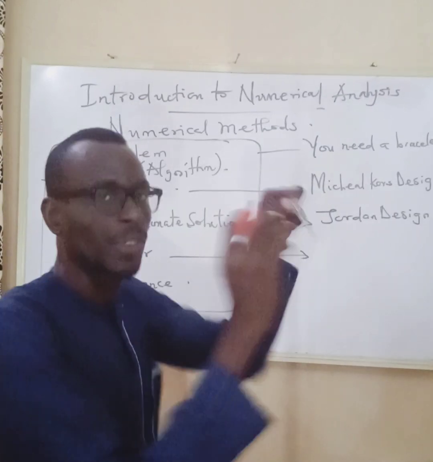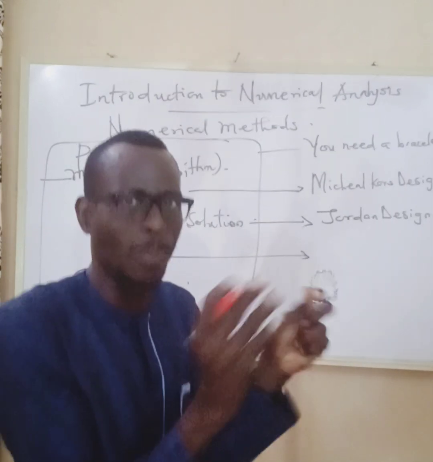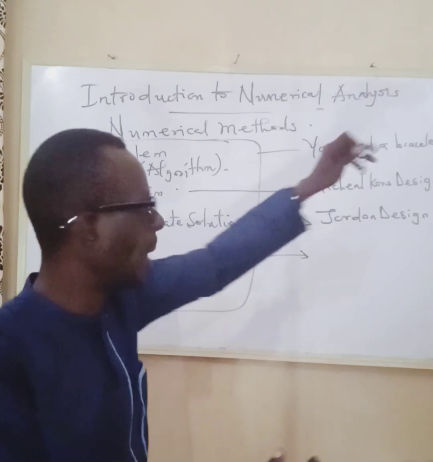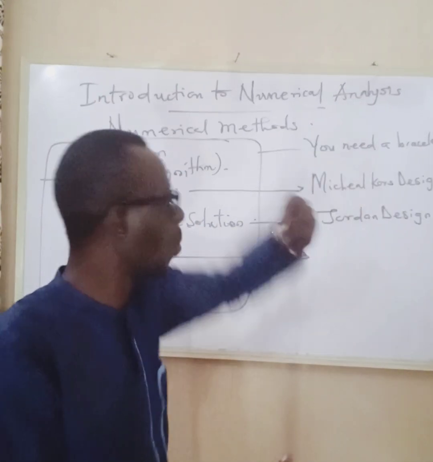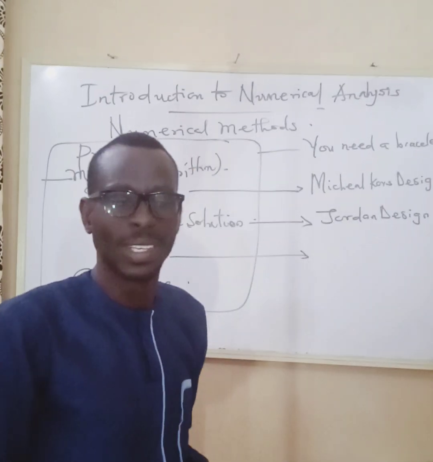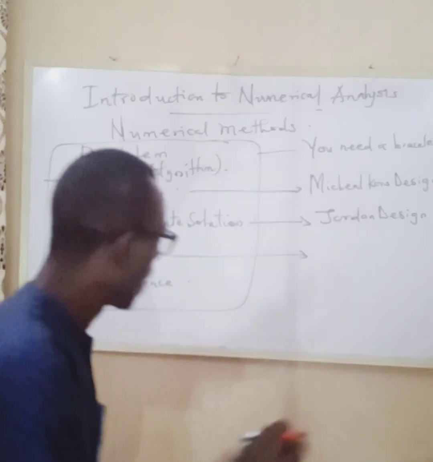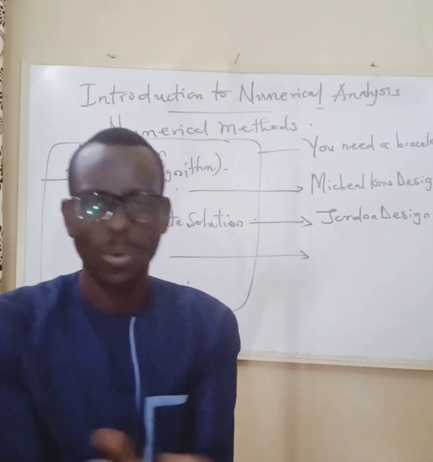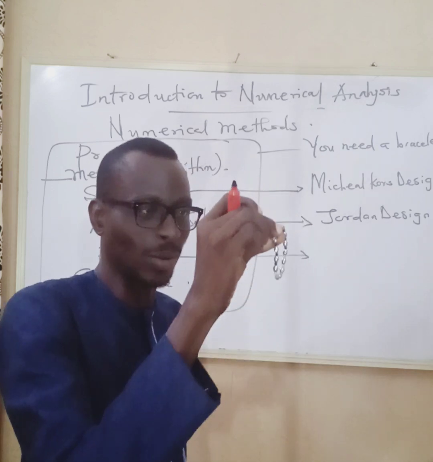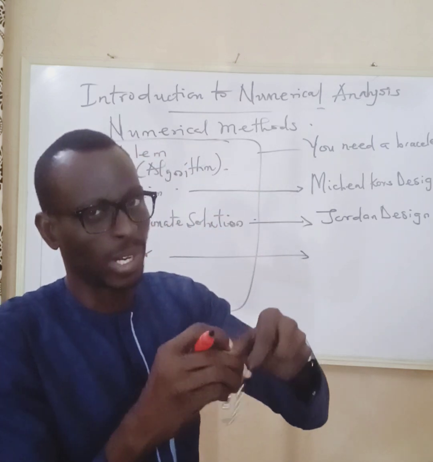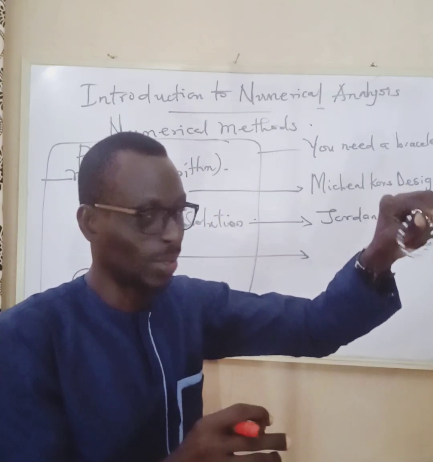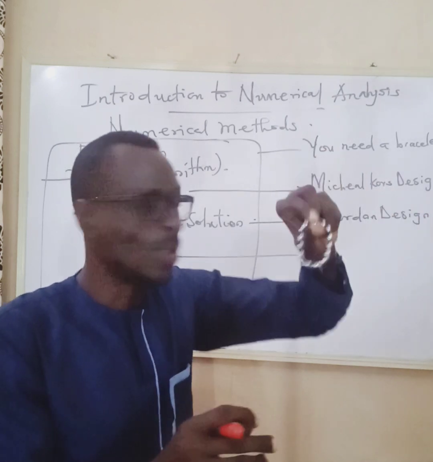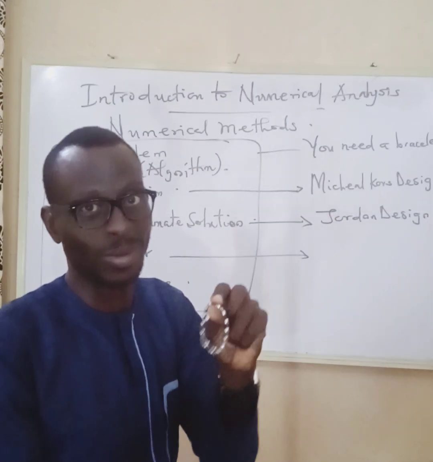You look at every part so that you have a comparison of what Michael Kors has given and what your designer Jordan has done. By the time you bring the two together, are they the same? Will people know that what I'm using is not Michael Kors? Nobody will be able to tell you that this is not a Michael Kors because it has been done the way Michael Kors has done it.